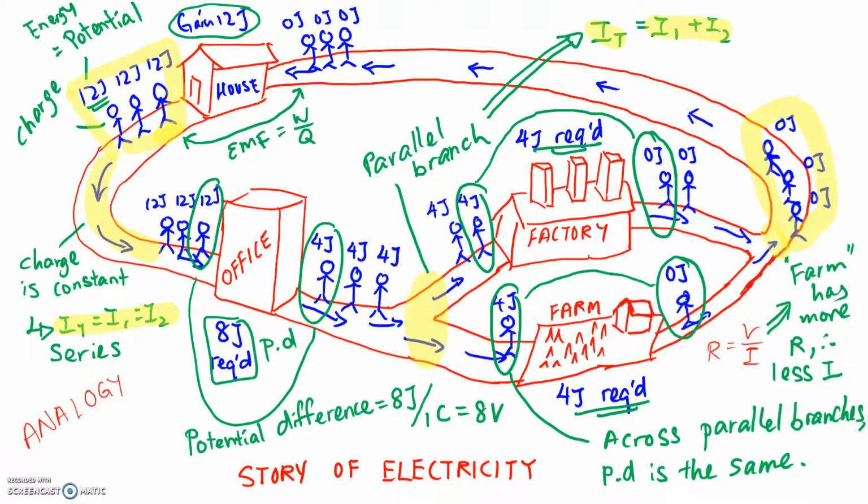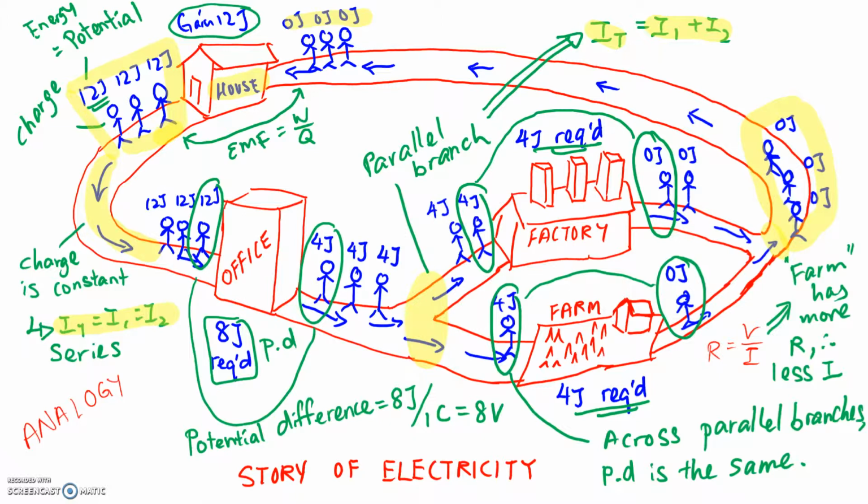And at the end of the day, they must always go back to the battery with zero potential. So the house is similar to your battery. From here, I hope you understand why the current is constant in a series circuit, but the potential difference across a series circuit is different.